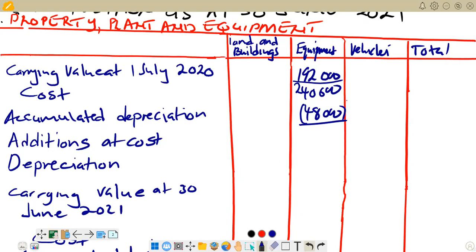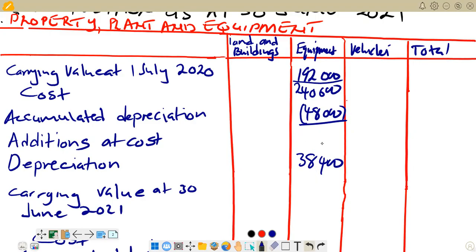Right. Then the depreciation for the year is the one that you calculated, that you put in the statement of comprehensive income for equipment, and you remember the figure that we put for equipment was 38,400. So we are just going to put it here. We already calculated this figure, and then we go to the balances that we have at the end.